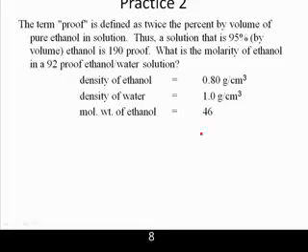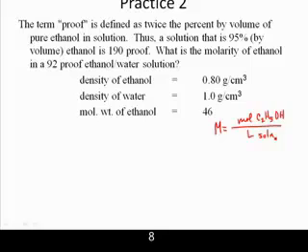So again, I want molarity. So my molarity is going to be of the ethanol. So I want moles of the ethanol, C2H5OH, over, again, liters of my solution. So let's see what we have.